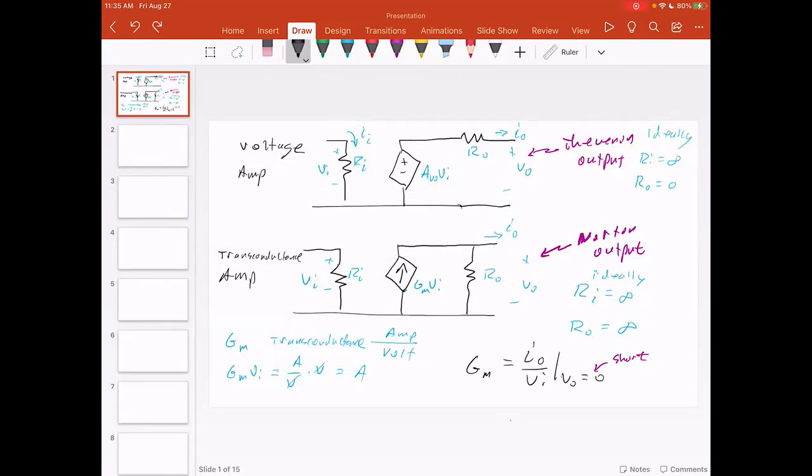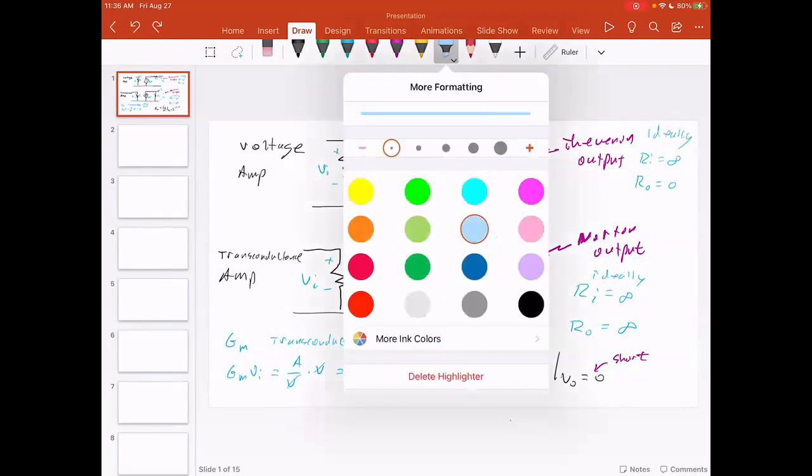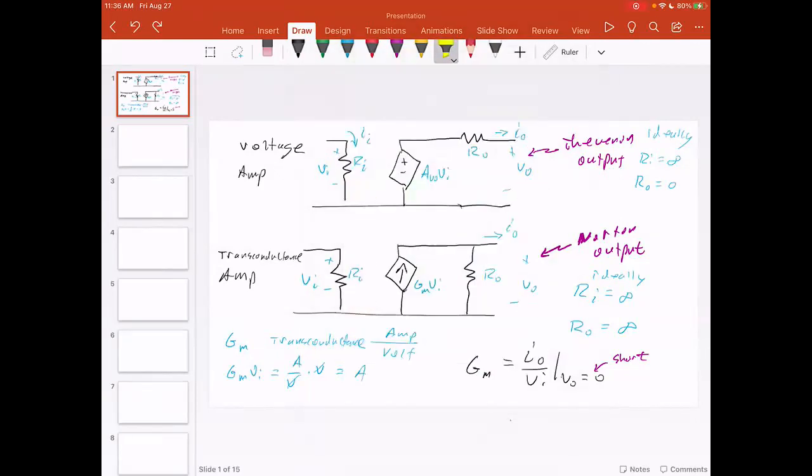So you can see that G_M must be that, because the output current is the same as the current here.